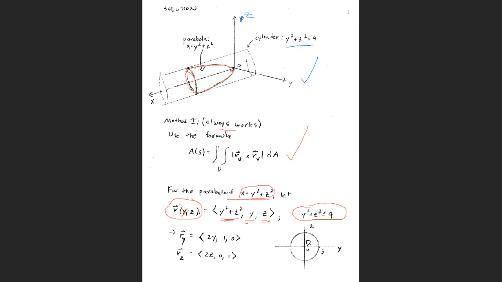And so the domain is going to be a circle, right? Because if we project the paraboloid into the YZ plane, you're going to have a circle. So think of it like this: for all points on that paraboloid, all the y and z coordinates have to obey this restriction. y squared plus z squared is less than or equal to 9.